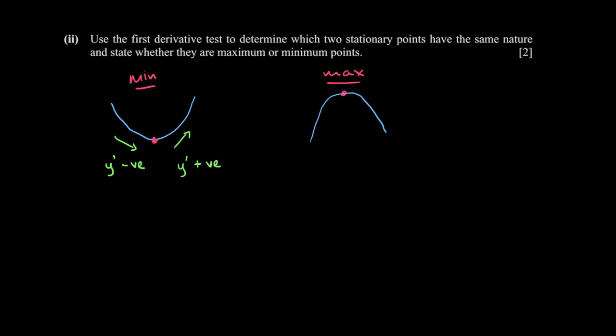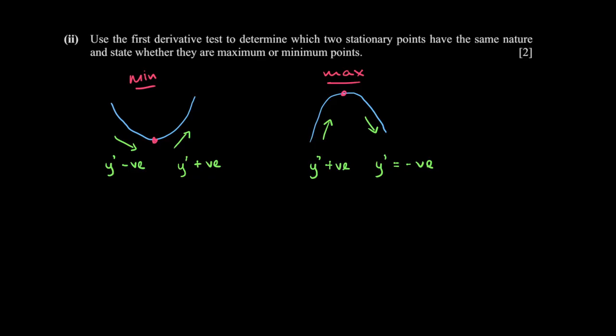And similarly, for the maximum, on the left-hand side my gradient, dy/dx, has got to be positive, and on the other side my gradient has got to be negative. Okay, so what can I do?